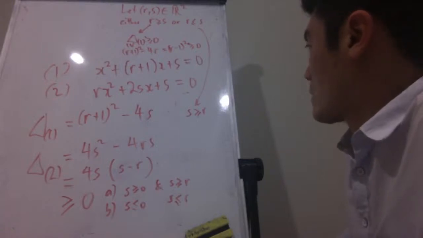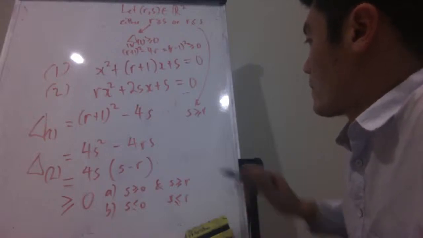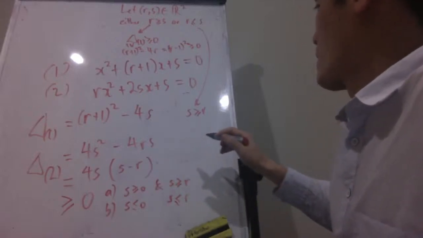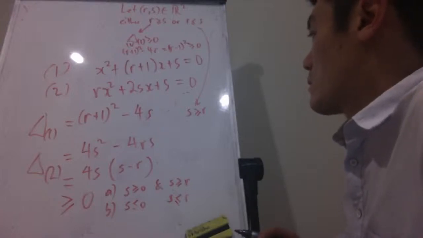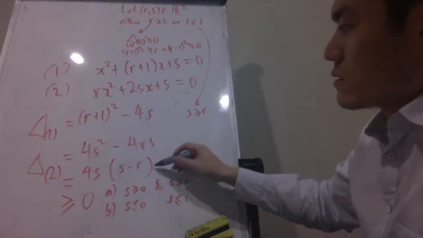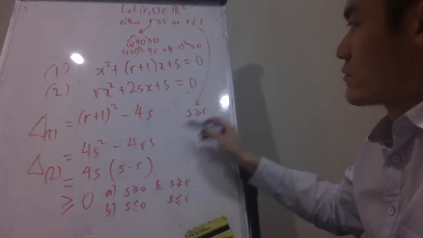And since S is always going to be greater than R, S minus R is greater than 0, so S times S minus R is always greater than 0. Wait, so you're saying this will always be greater than 0? Just from this?